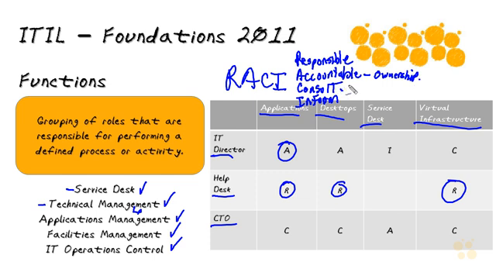There is also going to be consult, which is basically giving advice or counsel on how this can work. And then inform. Inform basically, in this case, notice how the IT director only needs to be informed about the service desk operations, because perhaps that just triggers the next event. So that is purely informational, thus the I for inform.